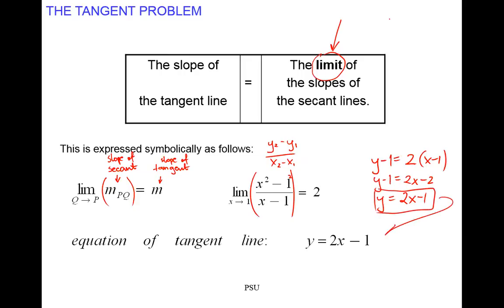Just a little bit of algebra. But the main thing was finding the slope of the tangent line. Please remember this: the slope of the tangent line is simply the limit of the slope of the secant line. And that's the nice notation.